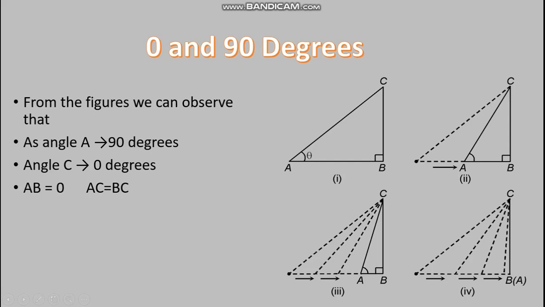Then side AC is equal to side BC, meaning AC and BC both will be equal. Now we are going to write the ratios at this point, where angle A is tending towards 90 and angle C is tending towards 0, AB is 0 and AC and BC are equal.